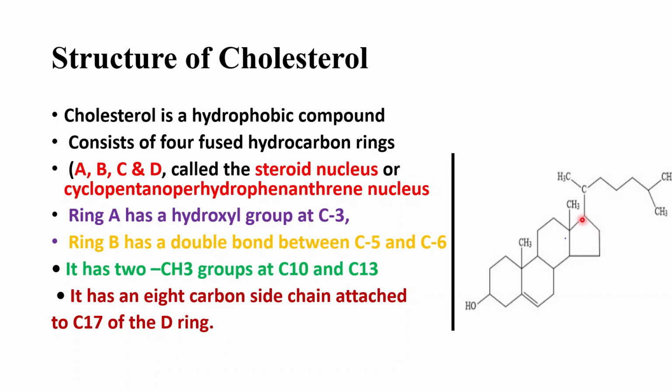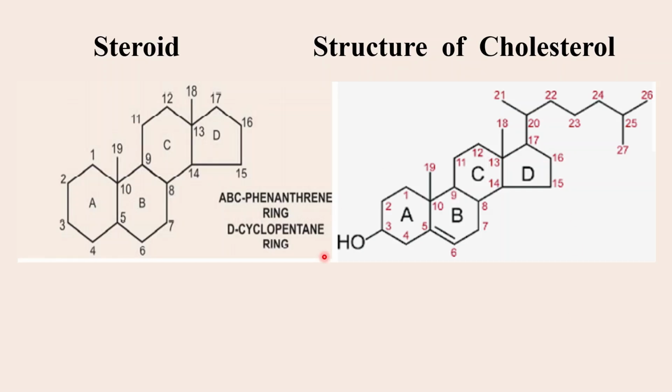Now this is the D ring. There is a side hydrocarbon chain at C17. So this is the general structure of a steroid. You can number like this: 1, 2, 3, 4, 5, 6, 7, and so on, and the rings A, B, C, D. A, B, C is the phenanthrene ring and D is the cyclopentane ring.